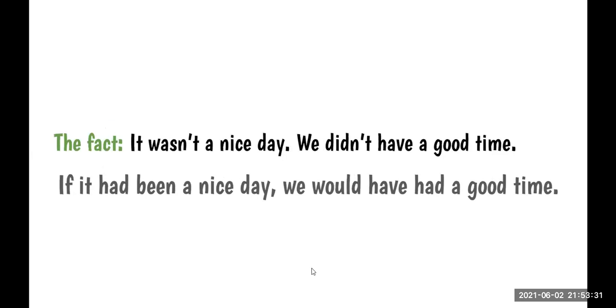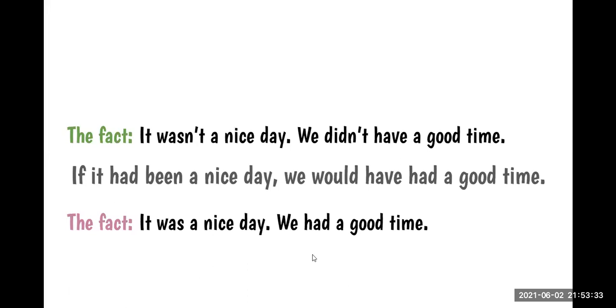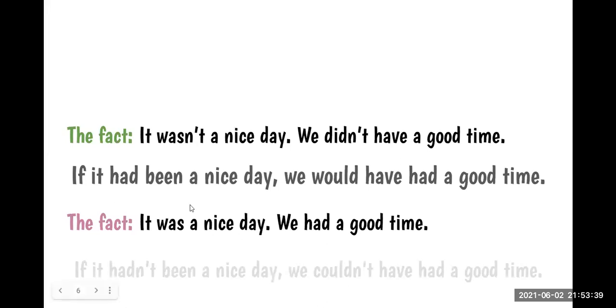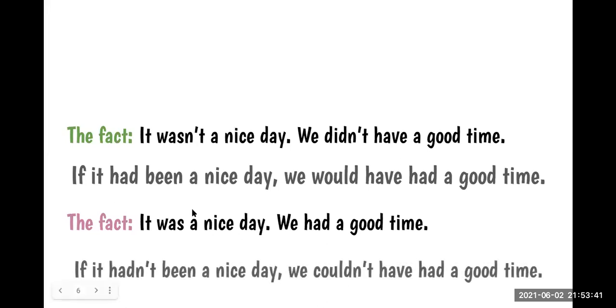Here we have another one. It was a nice day. We had a good time. And the conditional sentence is, if it hadn't been a nice day, we couldn't have had a good time. Okay? So, as you can see, we have the two parts of the if clauses.